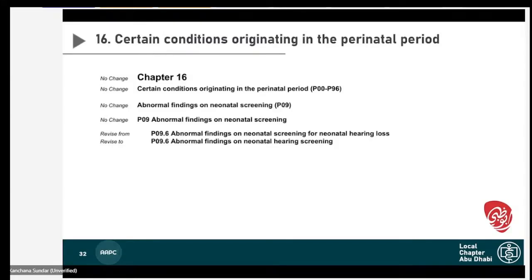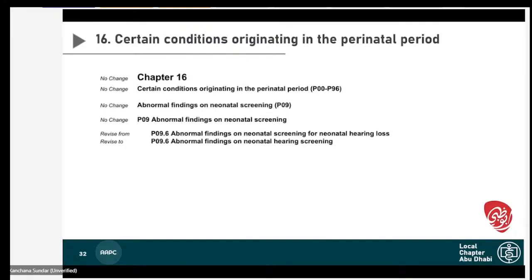Earlier, whoever has coded for perinatal would relate to this, that whenever we see abnormal findings on neonatal screening, we used to default it to neonatal hearing loss. So we used to default it to unspecified or other specified abnormality of perinatal or a baby chart.